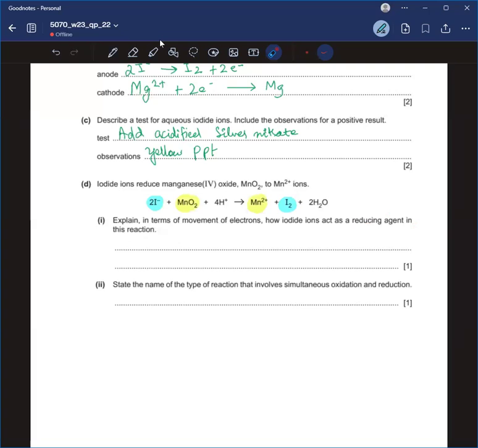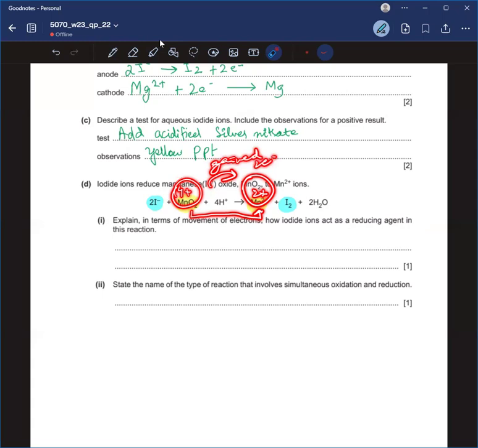And here we can see that oxygen has two minus, and there are two, so four minus, which means manganese would be 4 plus. Manganese has 4 plus, and here it has become 2 plus, which means it has gained 2 electrons.